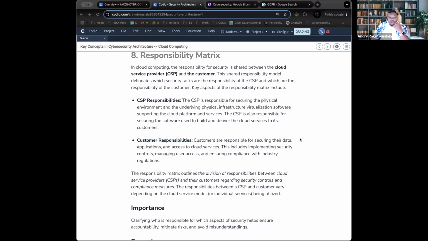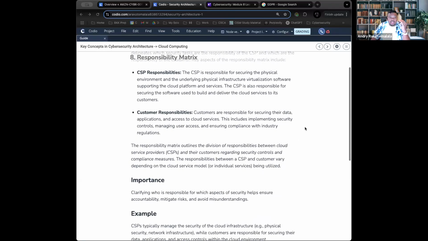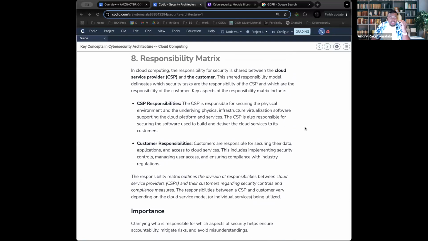Now, what happens here is we need to make sure that we have direct and clear visibility into who does what and who's in charge of what. Typically, this will come in the form of an SLA, a service level agreement that says, hey, you're in charge of these security measures, we're in charge of this. And you state it out directly.